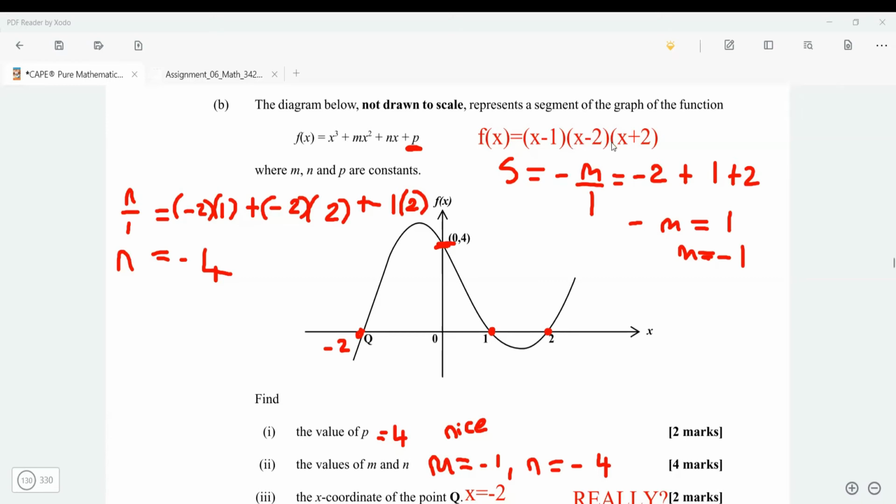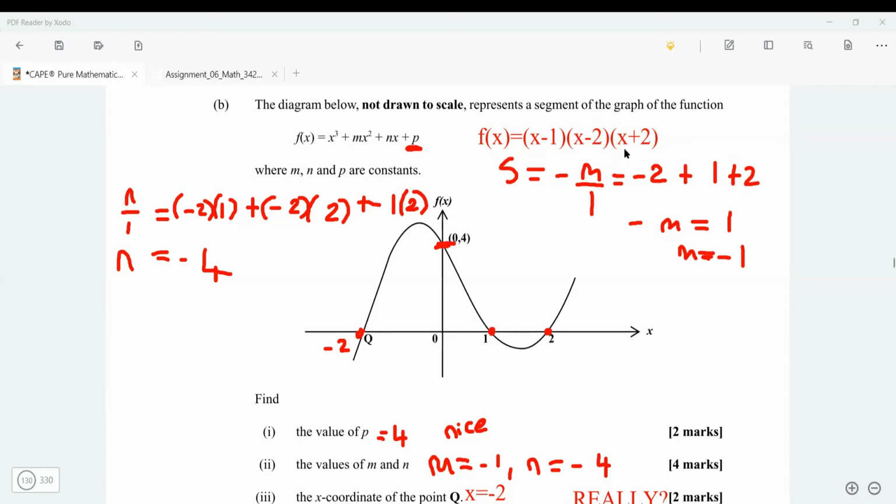And then what we say is that the next number right here, when you multiply the 3 numbers, it's supposed to give you back p. Yes, sir. And so what we say is the -1 times the -2 is +2. So 2 times some number right here must equal 4. But the only number we can multiply by 2 to get 4 is 2.